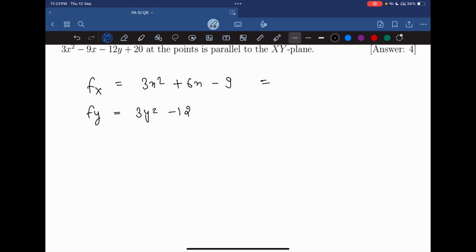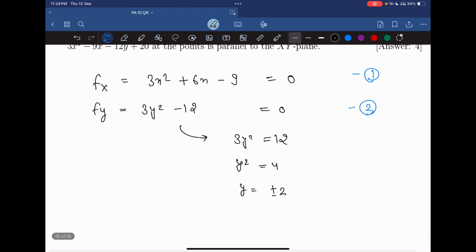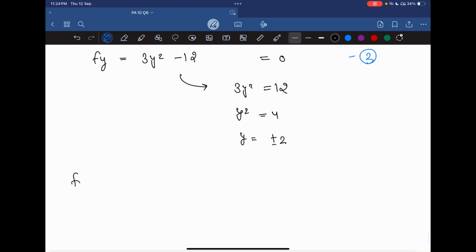So we just have to make them 0, and this would be our equation 1, equation 2. From equation 2, we'll get 3y square is equal to 12, y square is equal to 4, and y is plus minus 2.